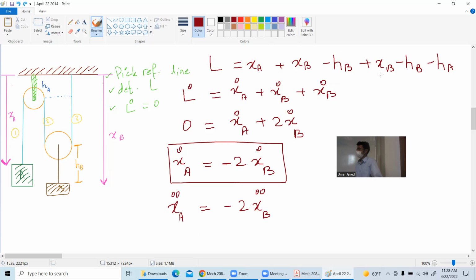I am taking the time derivative. The height, the length of this rigid rod, does not change with time. And similarly, the length of the rope does not change with time. That's why dL over dt is 0. dh over dt, the length of this rigid rod with time, does not change.